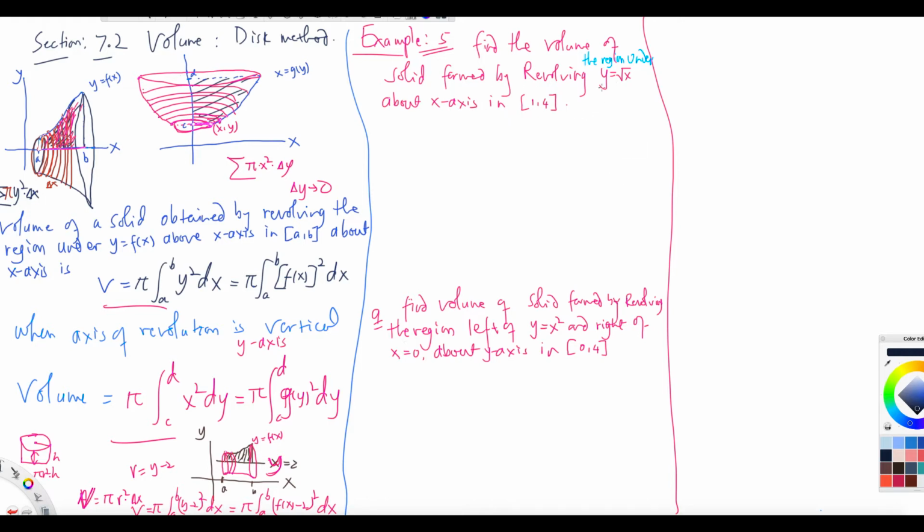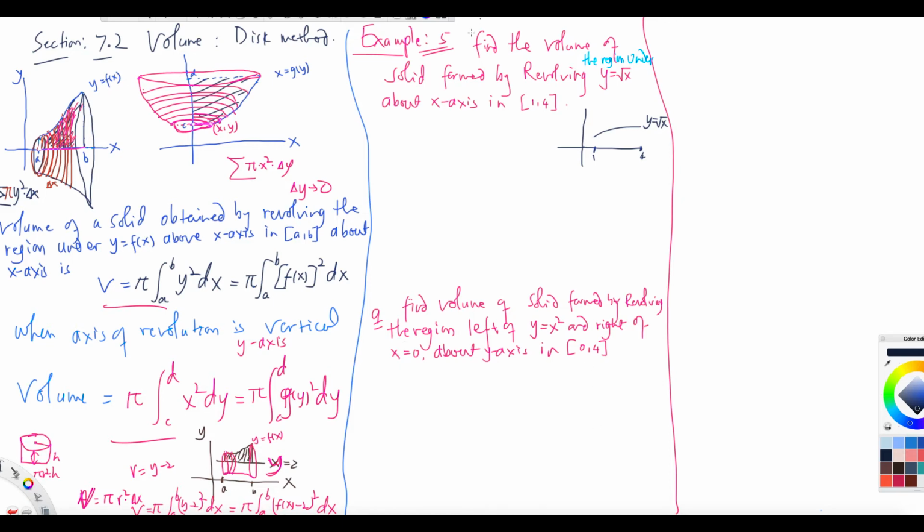So y equals root x looks like this, but you need this graph only between 1 and 4. This is 1 and this is 4. You don't need to join that from 0.